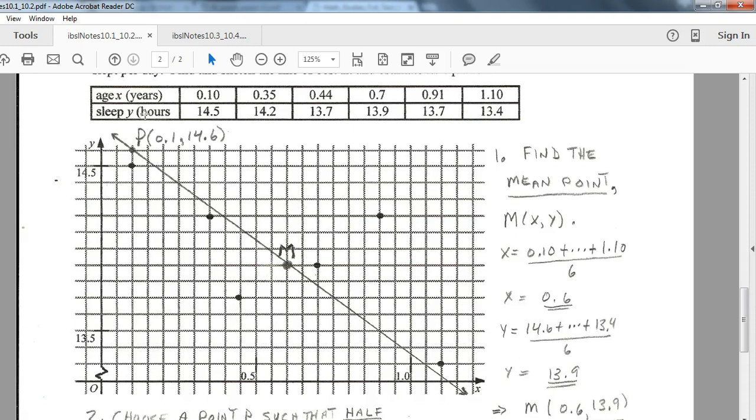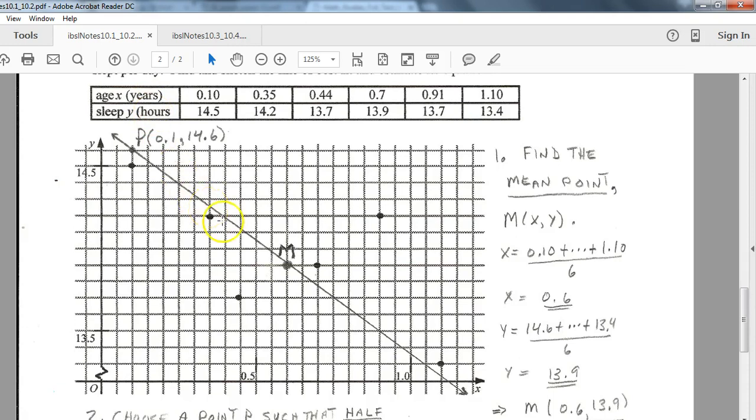When they ask us to describe what's taking place within this data, because it's a negative correlation, I need to be able to recognize that the bigger my years get, the less my hours get. And so we got to be able to interpret those things.